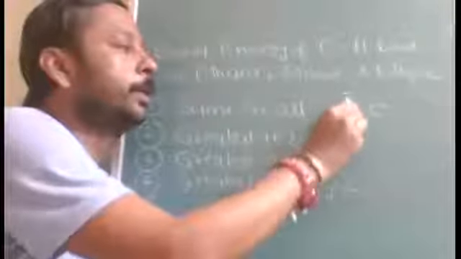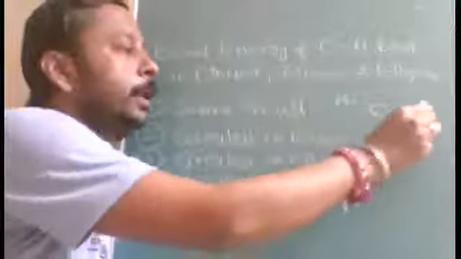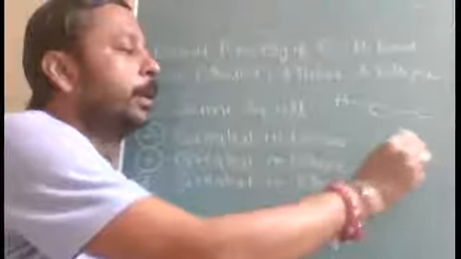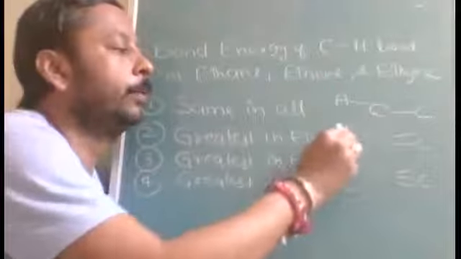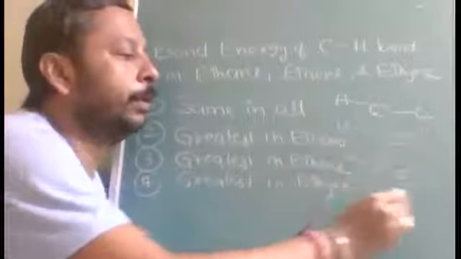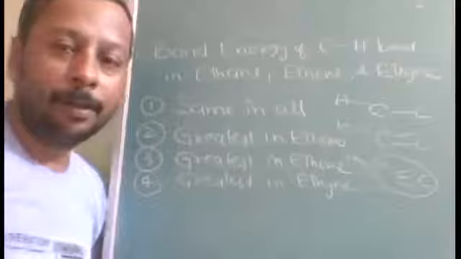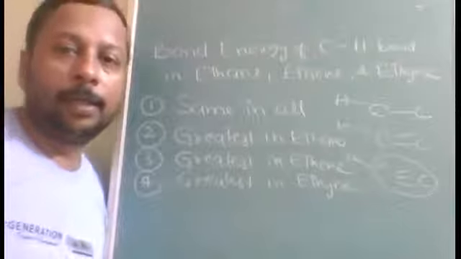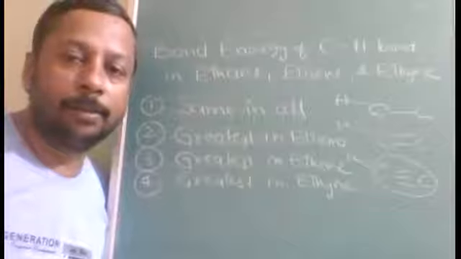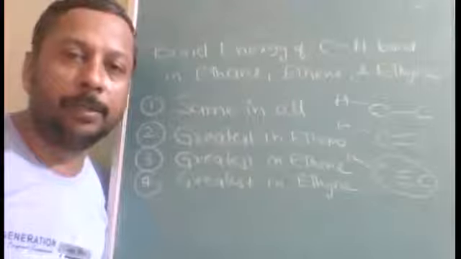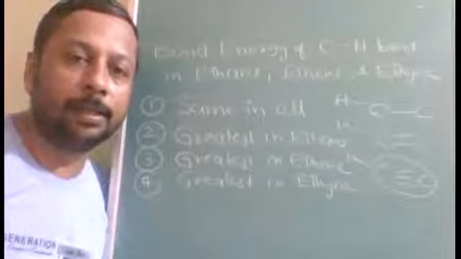The question is about the C-H bond, but the thing changing is the single bond, double bond, and triple bond. So everybody will think that this will be the highest bond energy. The question is about the bond energy of C-H, but what are they changing?